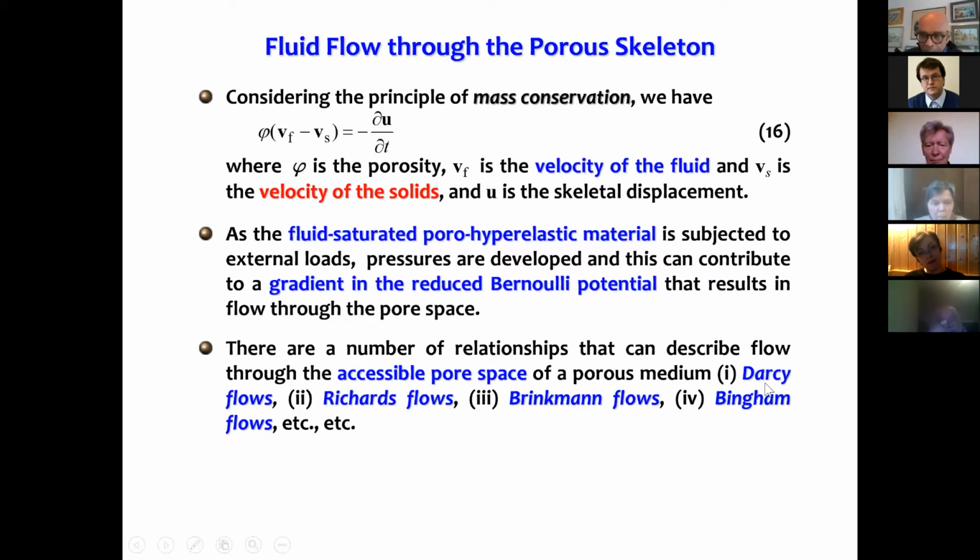I'm basically using Darcy flows to look at the process of fluid flow, but it doesn't have to be. I can have Richards flows, Brinkman's flows, Bingham discussions with regard to the modeling. So all these are possible, but I will restrict attention to only Darcy flow.